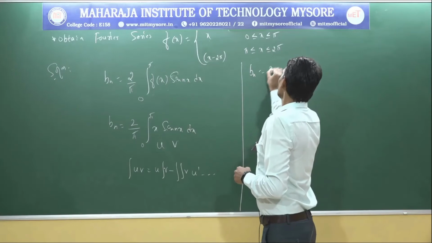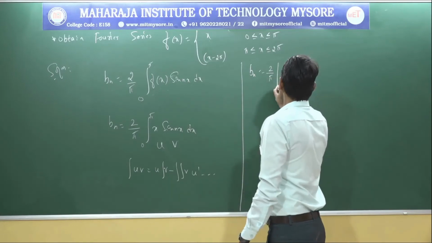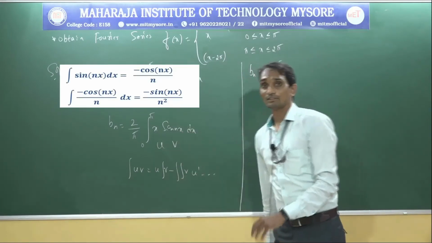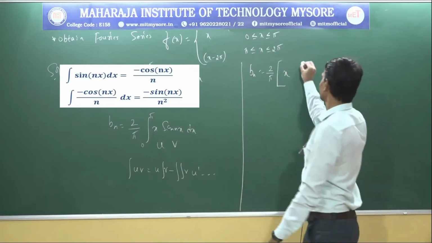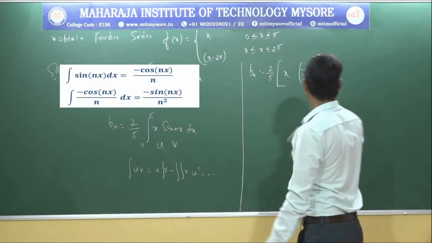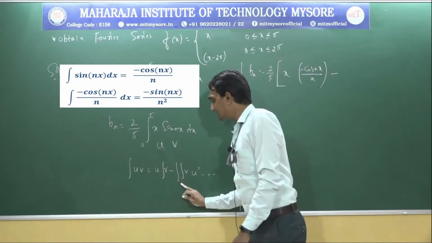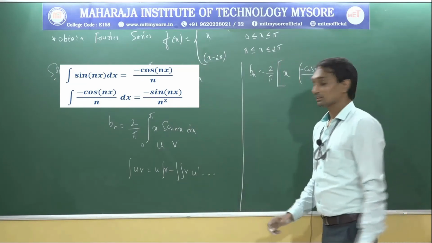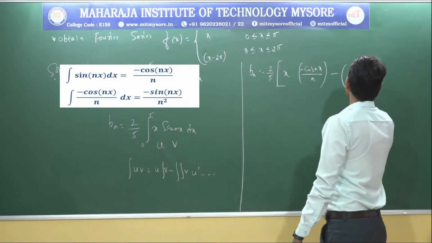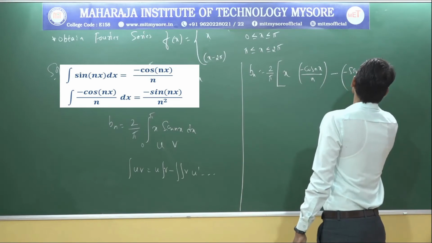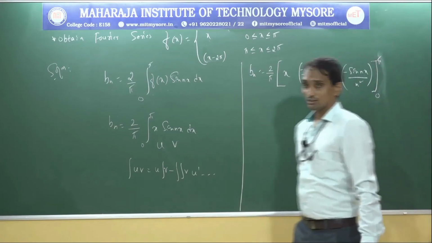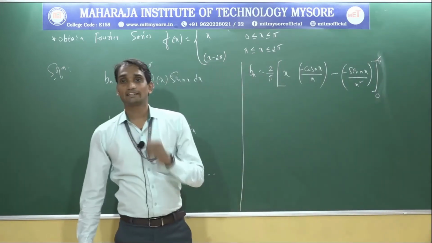So bn equal to 2 by pi, bracket u, the first value, x as it is, into integration of sin nx, which becomes minus cos nx divided by n, minus double integration of sin: one time integration minus cos nx by n, one more time minus sin nx by n square, in the interval 0 to pi.